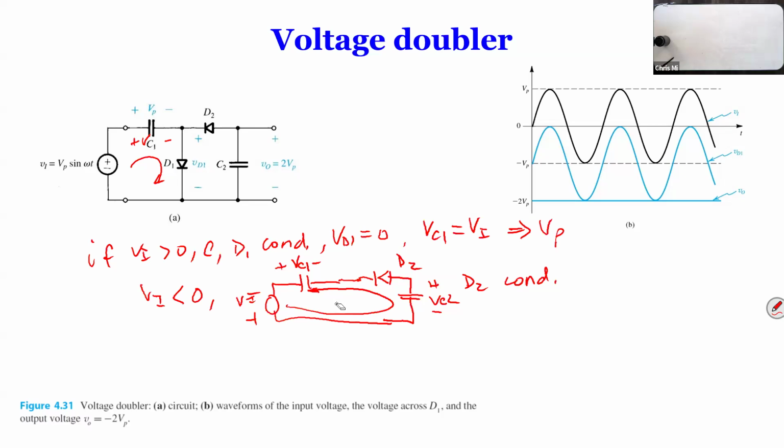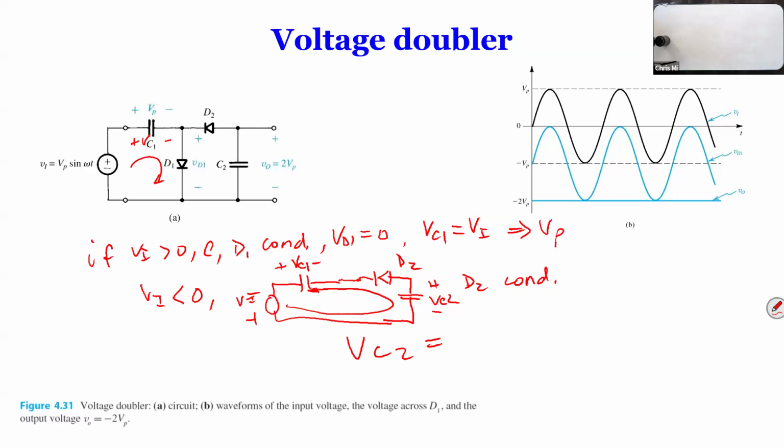How much is the voltage at VC2? VC2 now, you do loop analysis. So this is one voltage, this is another voltage, positive over here.